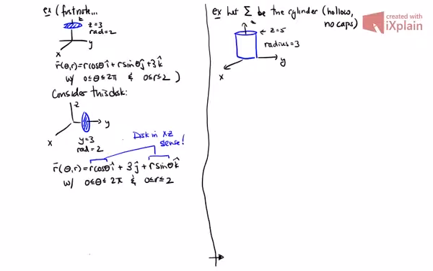So the radius isn't changing, it's not filled in, so I don't need an r. The radius is a fixed 3, but the z is changing. So note here, the radius is fixed, so we don't need r. But there's a theta that's changing.